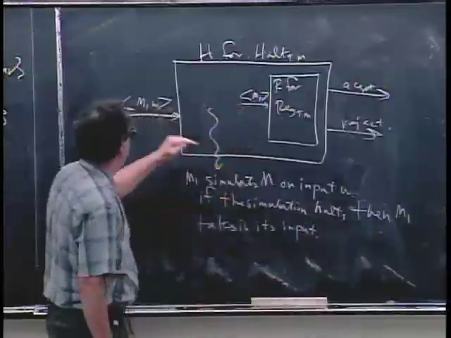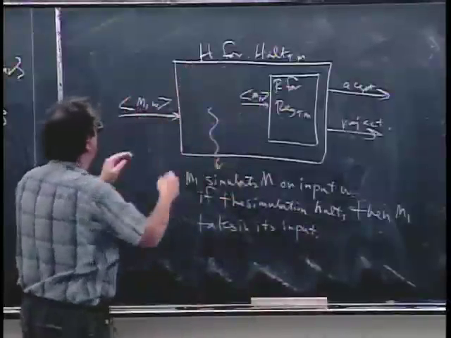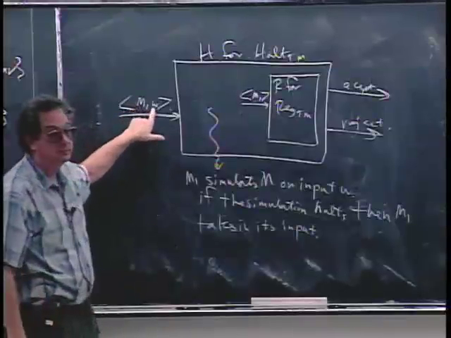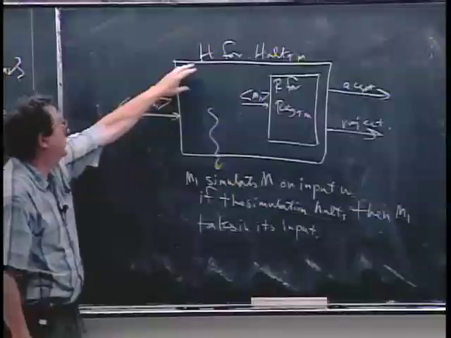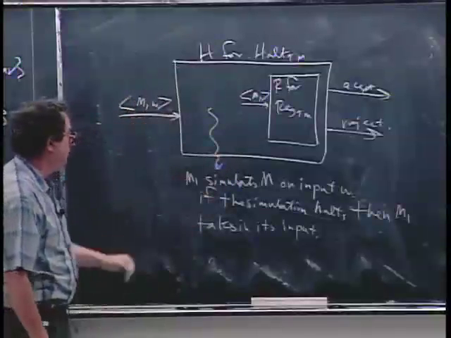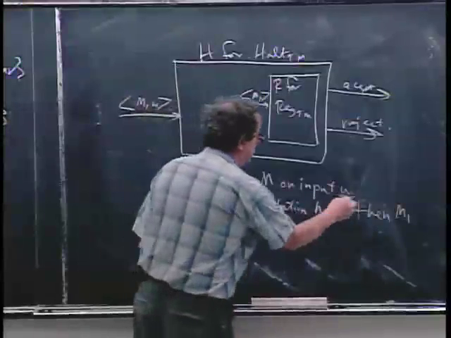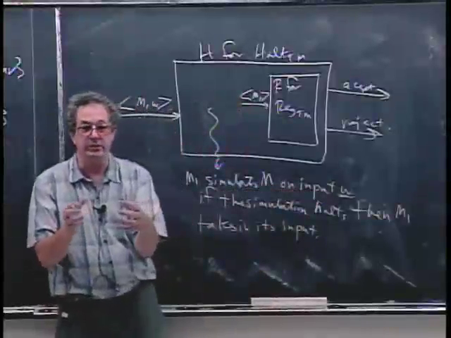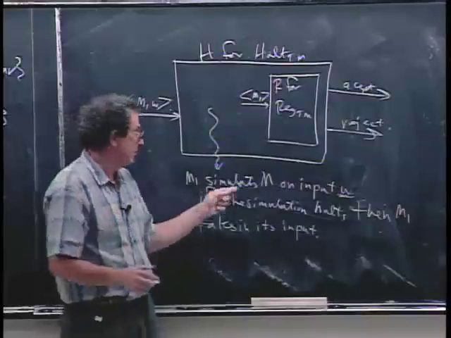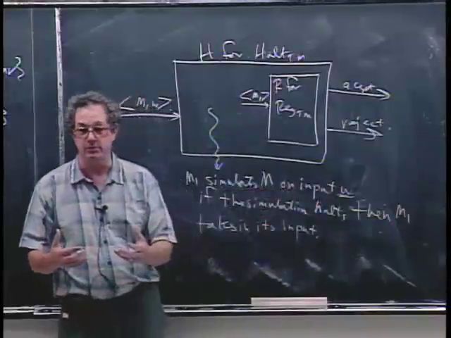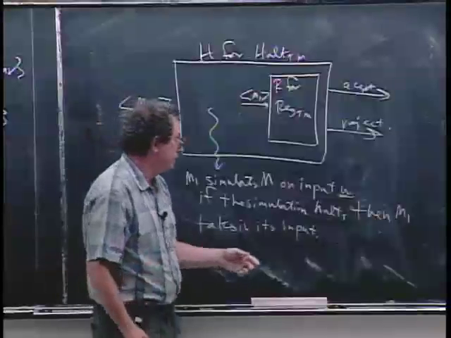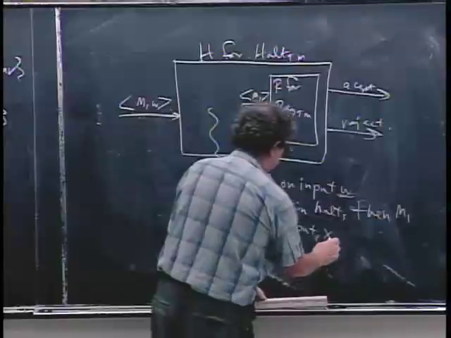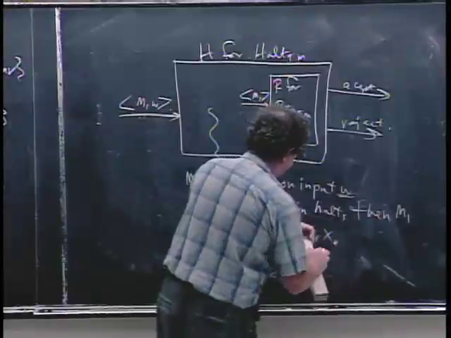Remember, the input to this big box, to H, is the Turing machine M and the input W. Okay? So H can build a Turing machine which already has in it the knowledge of W. And it can simulate M on W. But it hasn't even looked at its input yet. M1, when it's doing this, hasn't even looked at its input. Its input, I'll call it X. Or maybe call it W1.